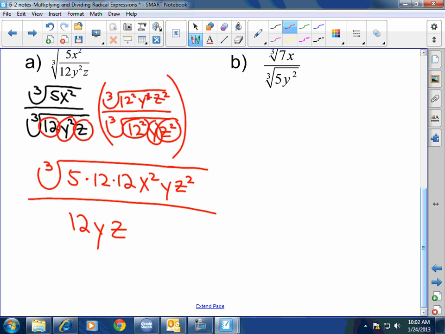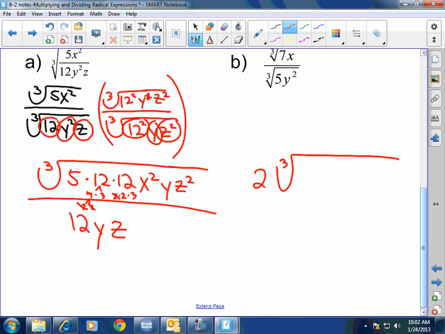And now let's simplify this. Doesn't this break up into 4 times 3, right? Which is 2 times 2. And then this is 2 times 2 times 3. So I'm going to have 1, 2, 3 2s. So a 2 comes out. You with me, guys? A 2 comes out.